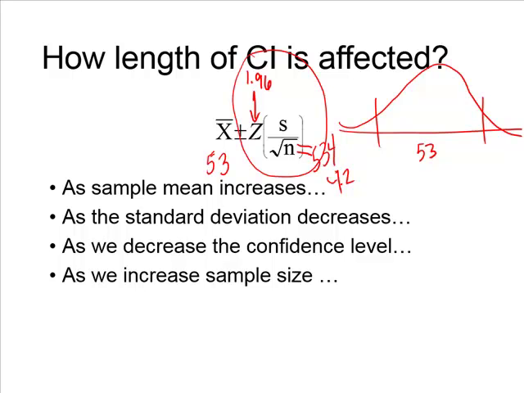Well, given the sample that they have, we are 95% confident that really in the population, the population mean will be between 48.8% and 57.2%.